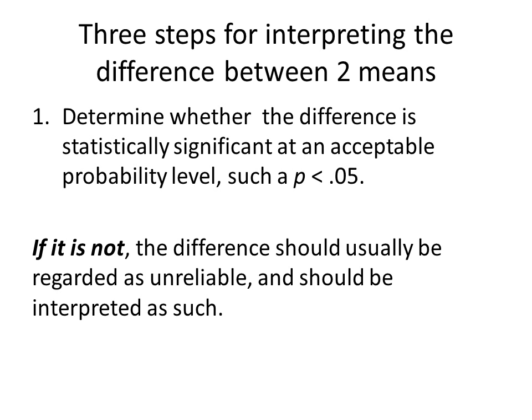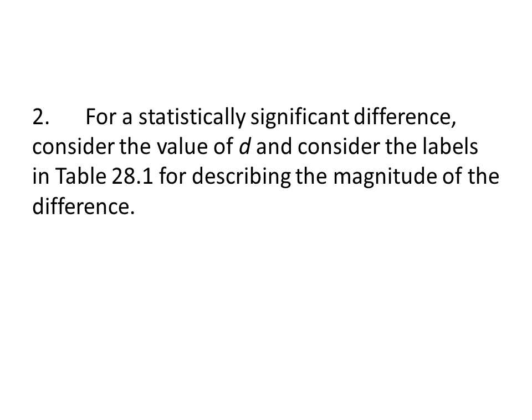Now, there are 3 steps for interpreting the difference between two means. First, we have to determine whether the difference is statistically significant at an acceptable probability level, such as a p being less than 0.05. If it is not, the difference should usually be regarded as unreliable, and we should interpret it that way.